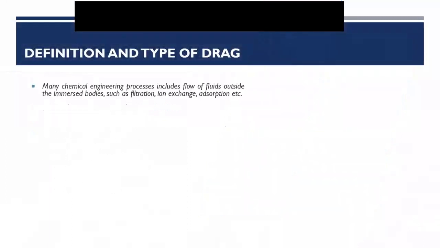Many chemical engineering processes use this type of fluid past immersed object, such as filtration. In filtration, there will be two phases, solid and liquid, where we want to separate solid from the liquid.